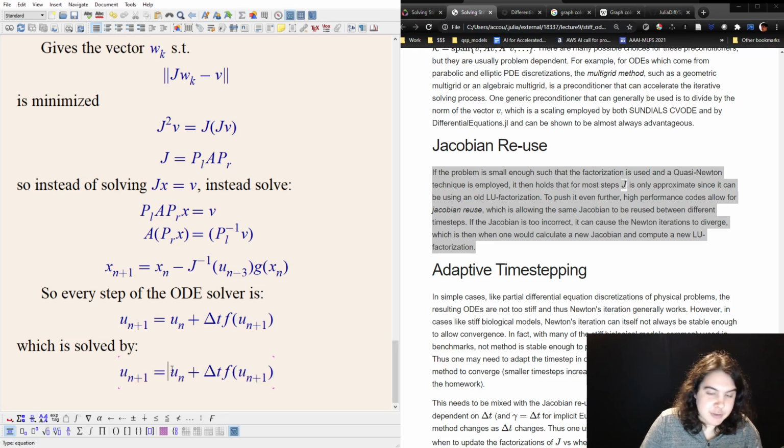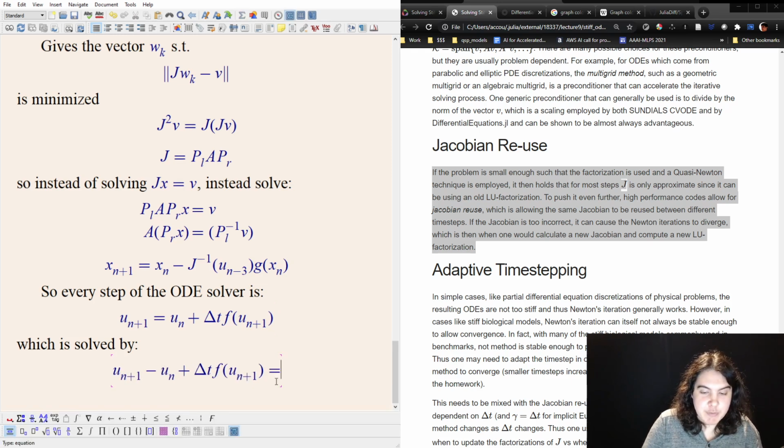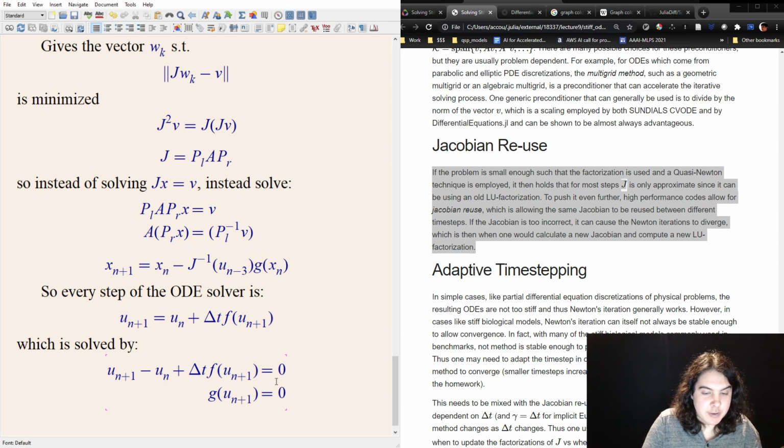Now I'm just doing a recap here. We move everything to one side, which is the same thing as saying g of u_{n+1} equals 0, which is then solved using Newton's method.